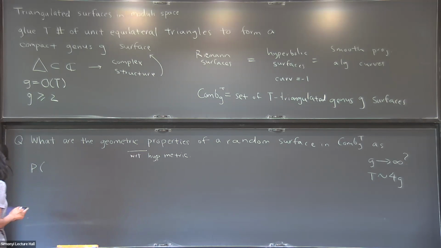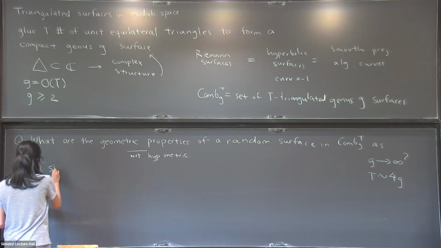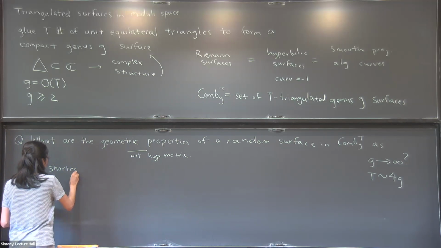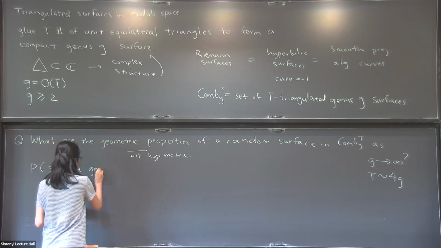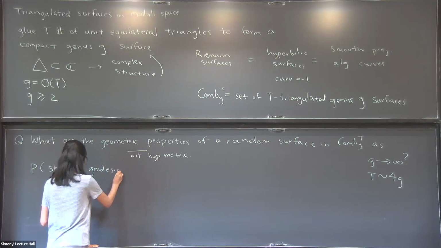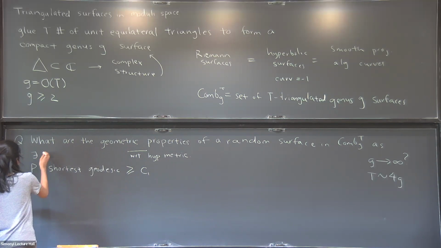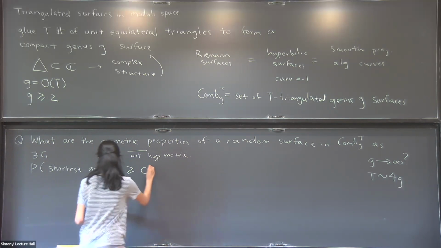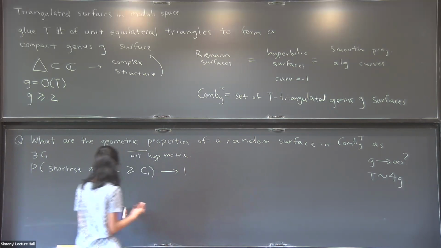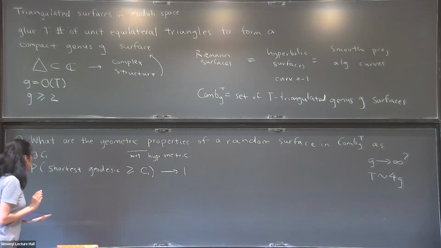So for instance, the probability that the shortest geodesic is greater than some constant, so there exists a constant such that this tends to 1 as G tends to infinity.